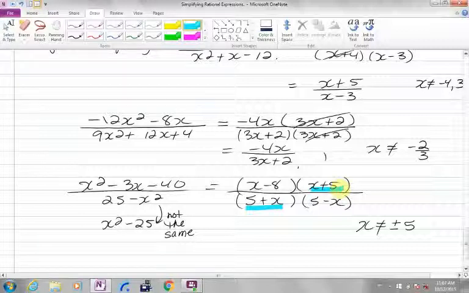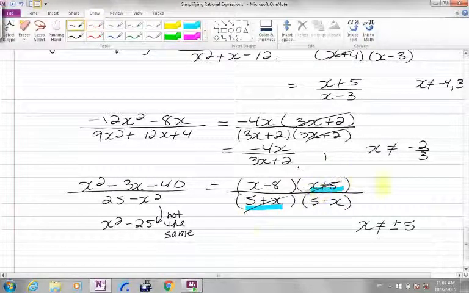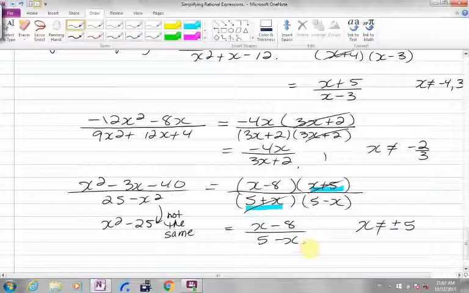Yes, because we're adding those two numbers, right? So let's say x was 3, 5 plus 3 and 3 plus 5 have the same value. So we can divide those factors out because they are the same. And we're left with x minus 8 over 5 minus x.